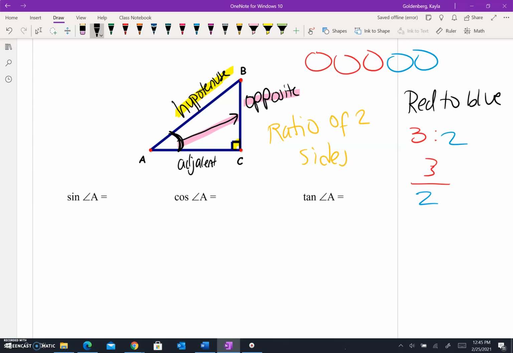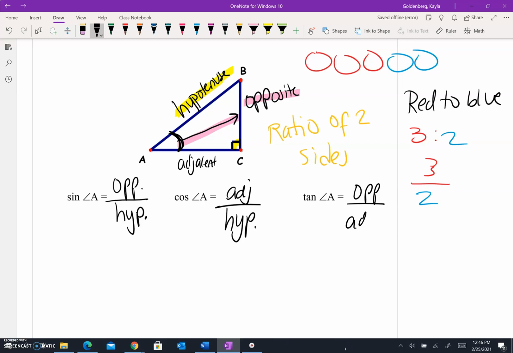So the sine is always the opposite over the hypotenuse. Cosine is your adjacent side over your hypotenuse. And the last one, tangent, is your opposite side over your adjacent.